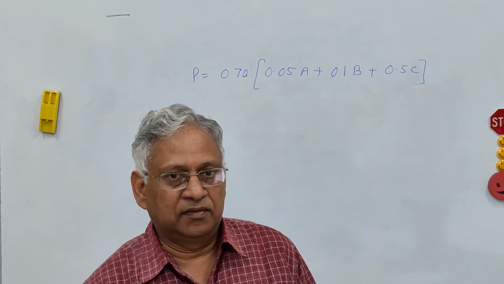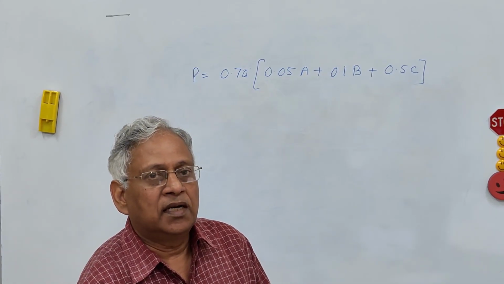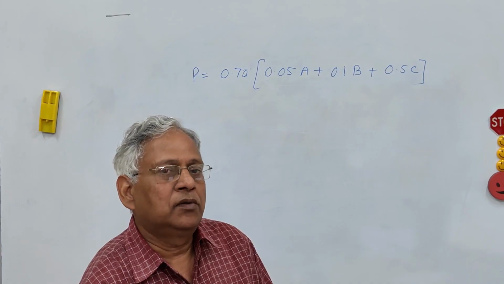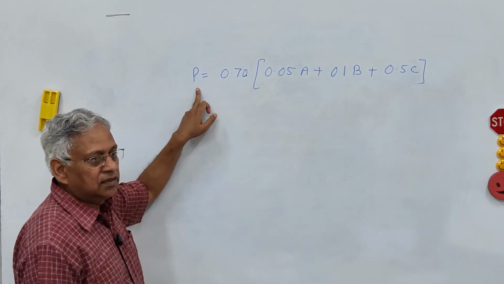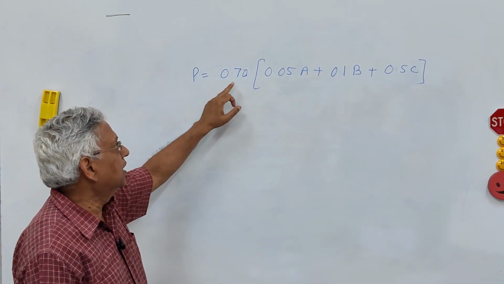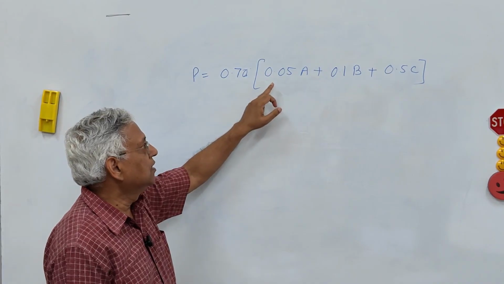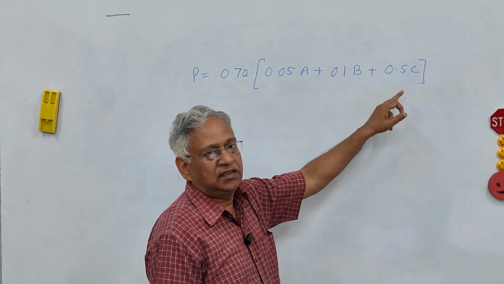Appendix F of MS-14 suggests an equation to determine the approximate amount of bitumen emulsion. This equation is like this: percentage of emulsion by weight of dry aggregate is given by 0.7 times (0.05 A plus 0.1 B plus 0.5 C).